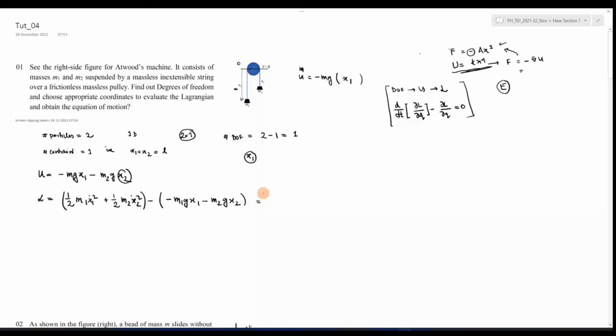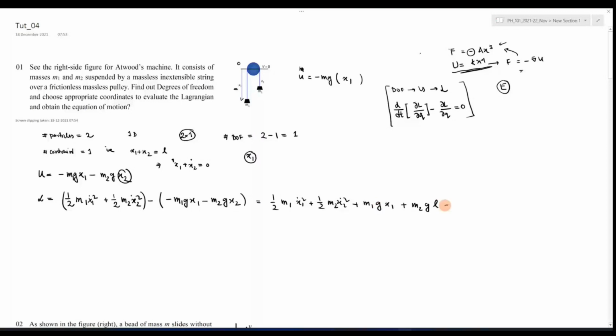Now we will be converting this x1 and x2; we will write x2 in terms of x1. If you take the time derivative, x1 dot plus x2 dot is equal to 0. So here, half m1 x1 dot square plus half m2 x2 dot square plus m1 g x1 plus m2 g l minus m2 g x1.